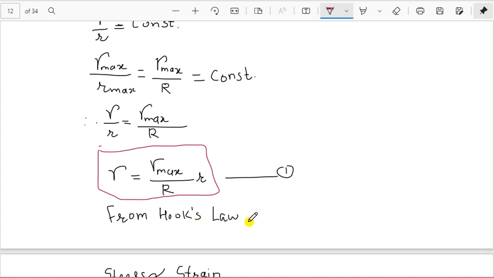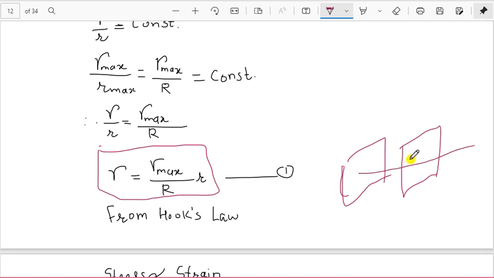From Hooke's law, you know that stress is directly proportional to strain. But in our case, is there a normal stress over the planes of a cross section? These are deforming. That means they are rotating about the centroidal or longitudinal axis, because of torsion.